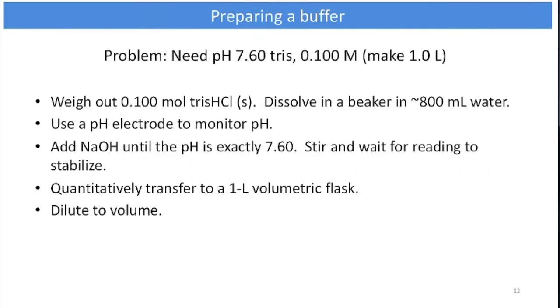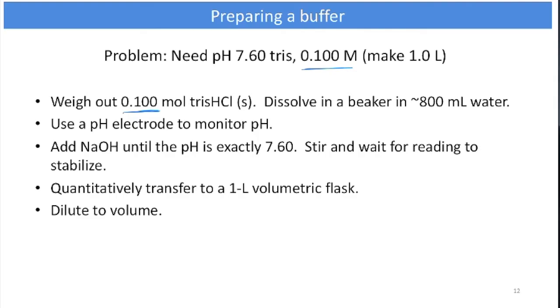So if we need a pH 7.6 tris buffer at 0.1 molar concentration and we need a 1 liter solution, the first thing we would do is weigh out 0.1 moles of tris HCl and dissolve that in a beaker of approximately 800 milliliters of water. So our moles of tris HCl is going to equal the moles, or the concentration, of the buffer that we need.